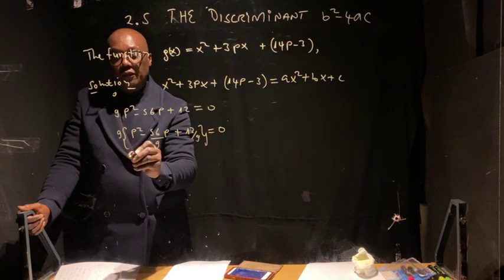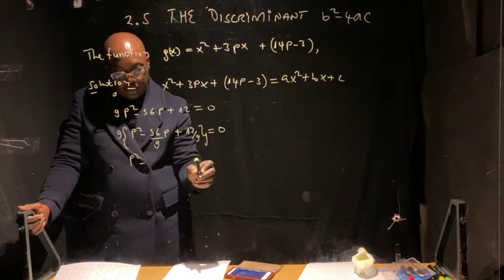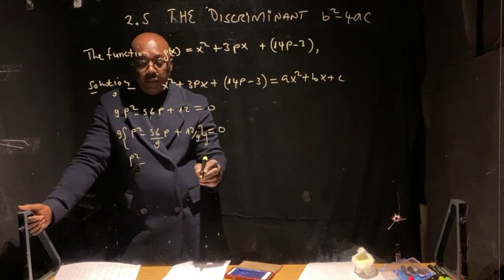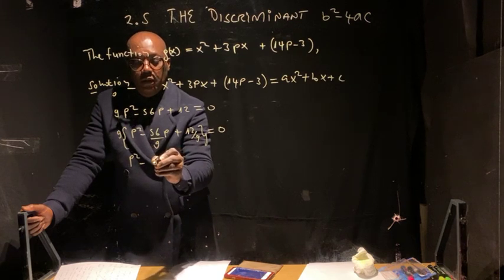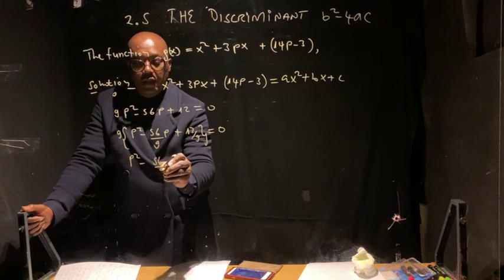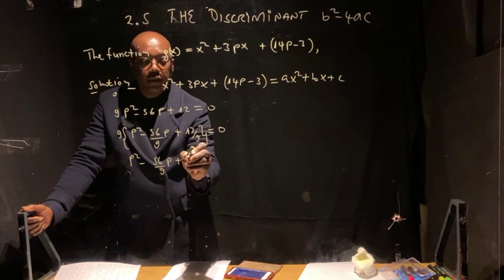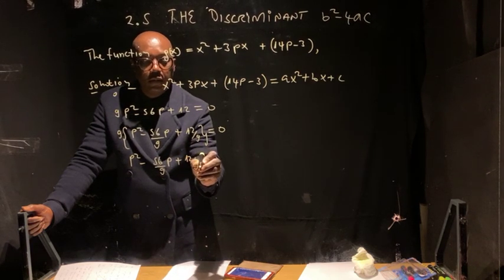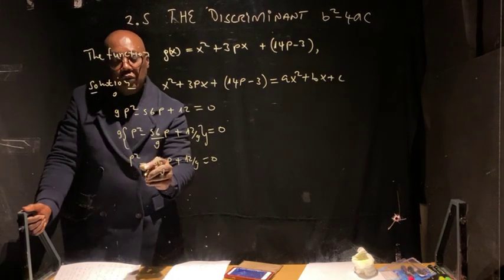So we have p squared minus 56 over 9 p plus 12 over 9 equals 0. Then we complete the square.